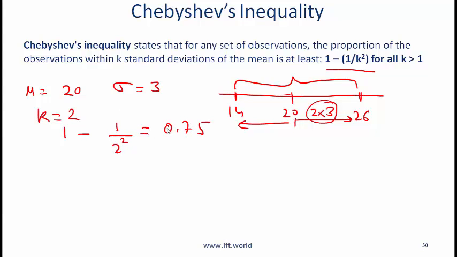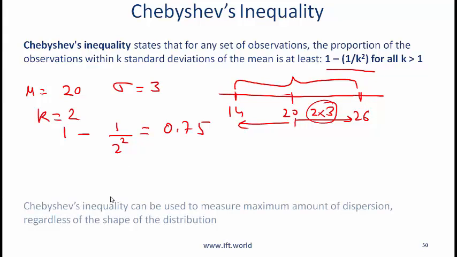In other words, Chebyshev's inequality tells us that at least 75% of the data lies within 2 standard deviations of the mean. Now this can also mean that we have more than 75% within 2 standard deviations of the mean. But we can know for sure that it is not possible to have only 50% of the data within 2 standard deviations of the mean.